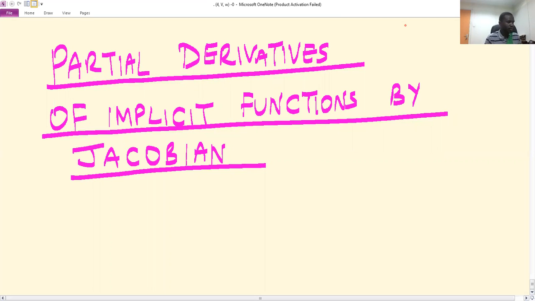Welcome to this session. In this session we are going to discuss partial derivatives of implicit functions by the Jacobian method.